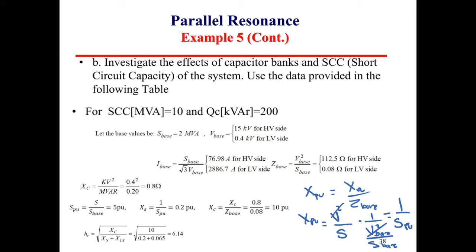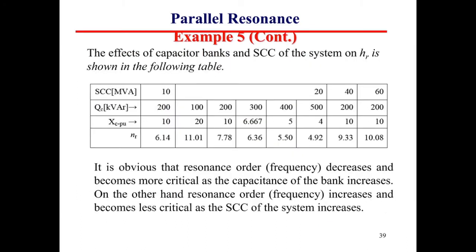Of course I did it over here by using the per unit. So you can do it either by the per unit or directly in ohms, like what we did initially. So this one will be the result. You will notice that the harmonic order is changing with the increase.